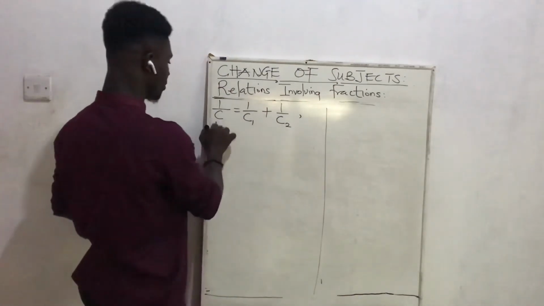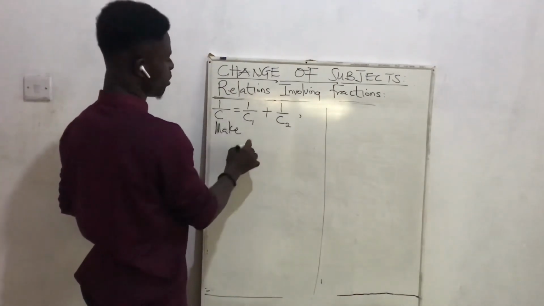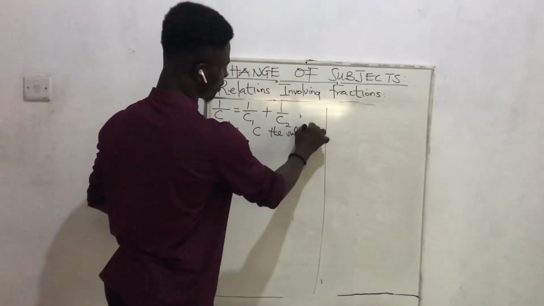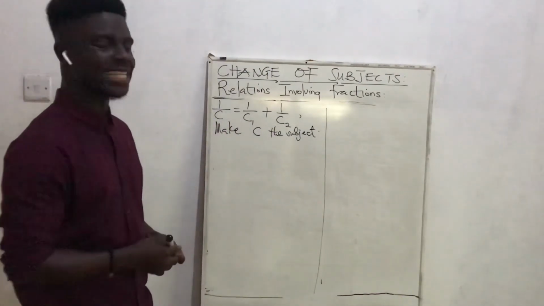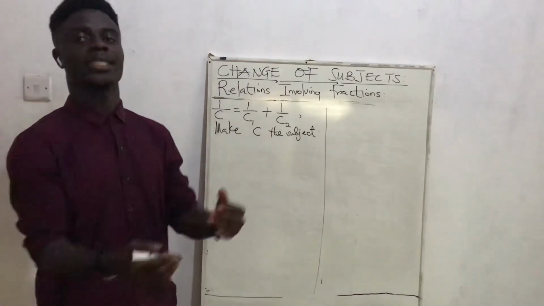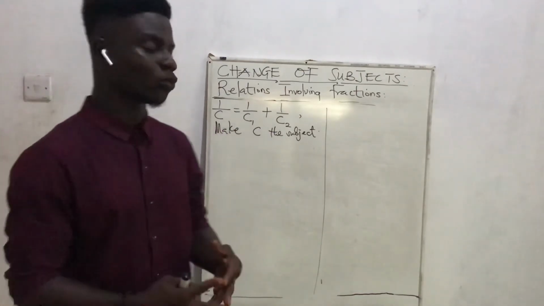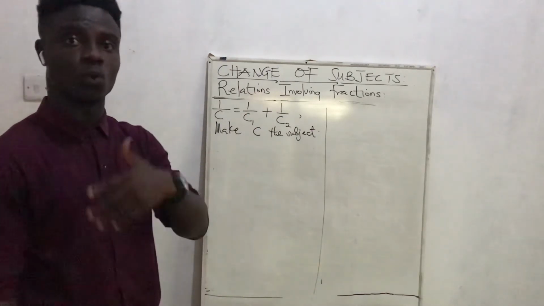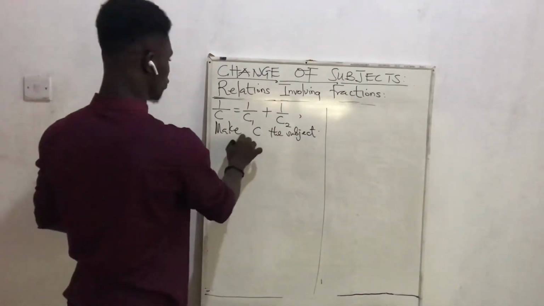So this time, make C the subject. Or somebody can say express C in terms of C1 and C2. Express C in terms of C1 and C2. So now, solution.